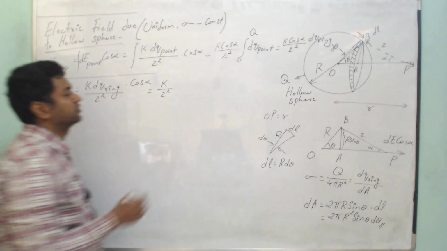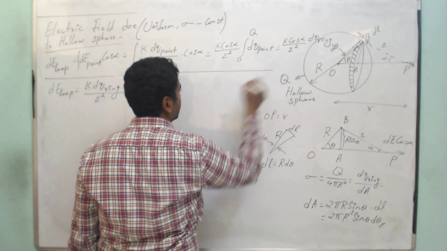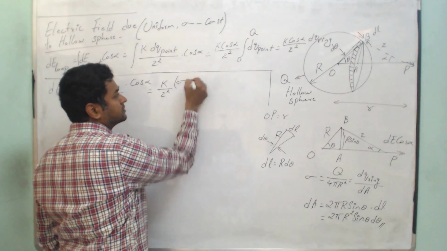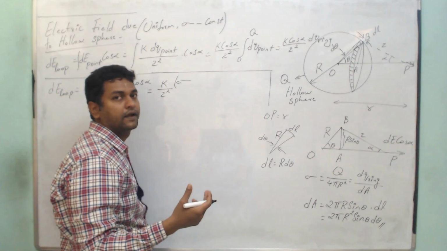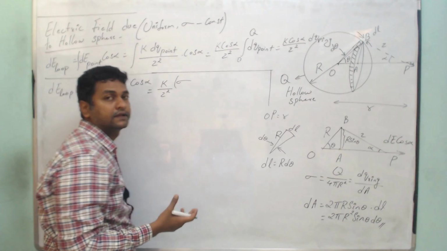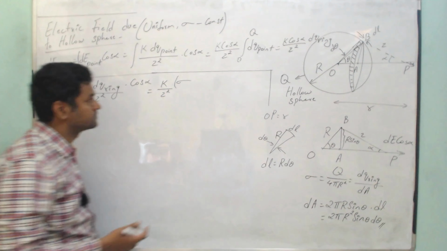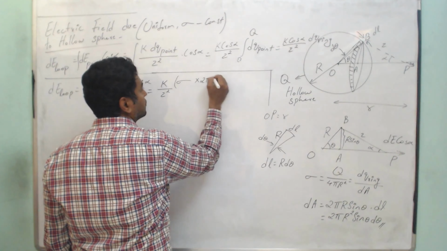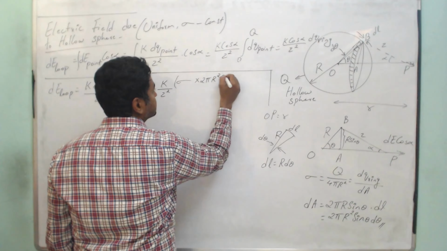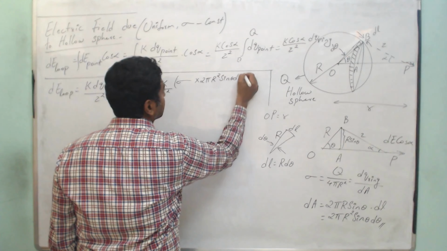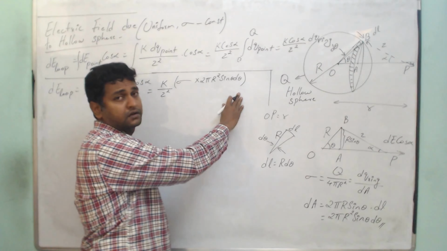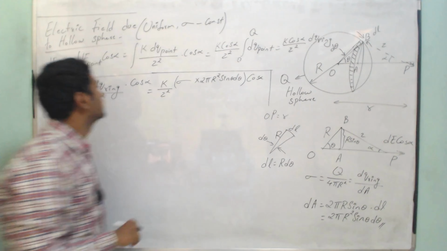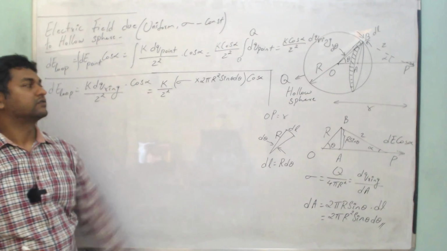What is dq? Sigma times dA. What is dA? 2 pi r square sine theta d theta. So my dq is done. Outside I have cos alpha and everything is taken care of.